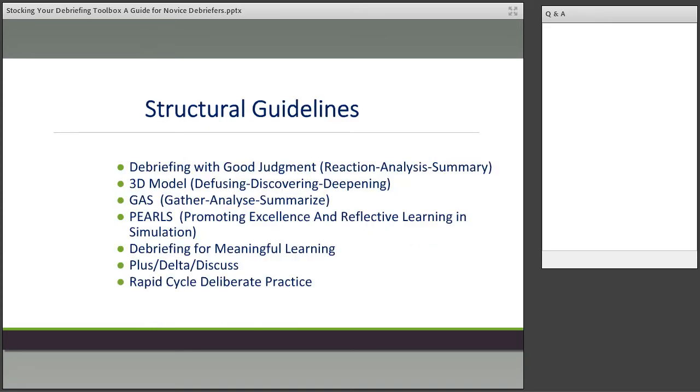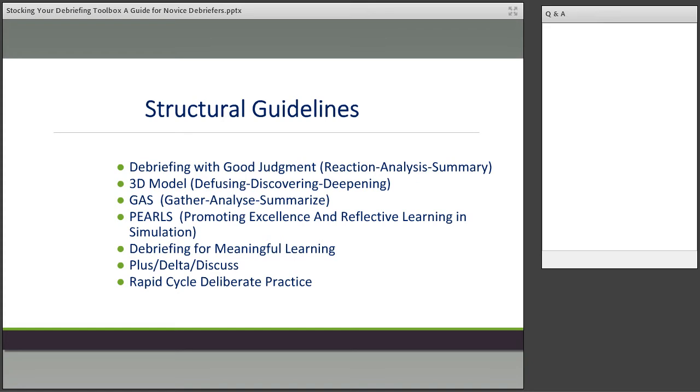But we also need some structural guidelines, and I think this is the theme that's really coming through loud and clear in the discussions of debriefing. I'm not sure how many of you were on yesterday when INACSL had a webinar about the newly updated versions of the best practice standards for clinical simulation in nursing. Over and over again, you need that structure in debriefing.